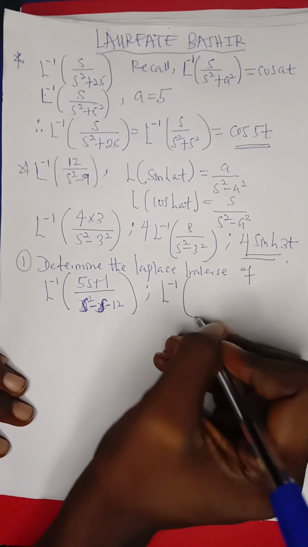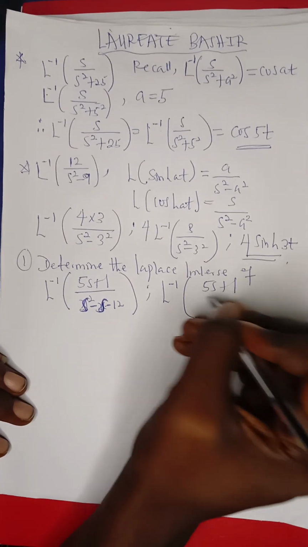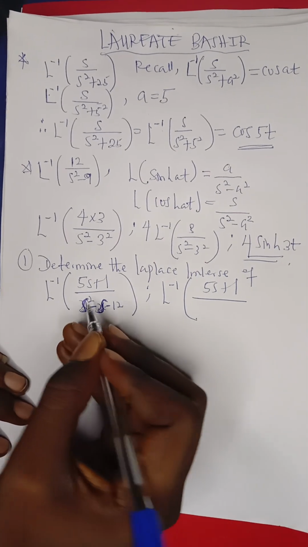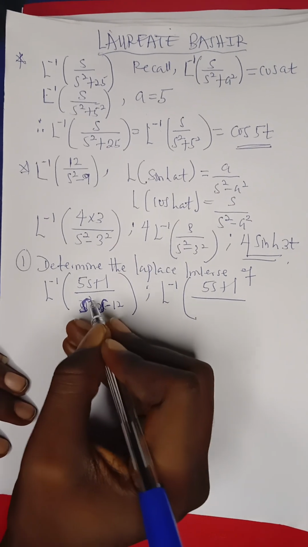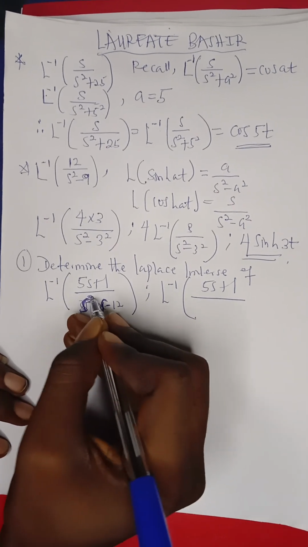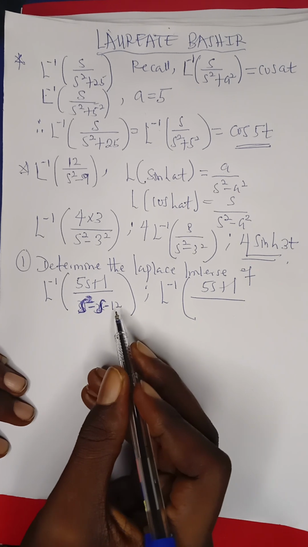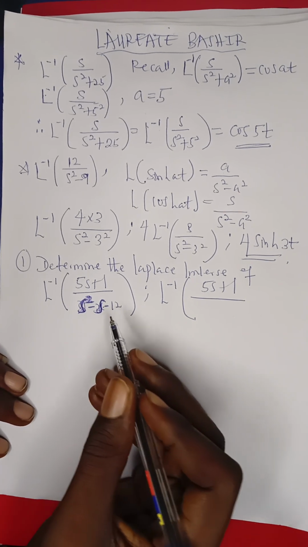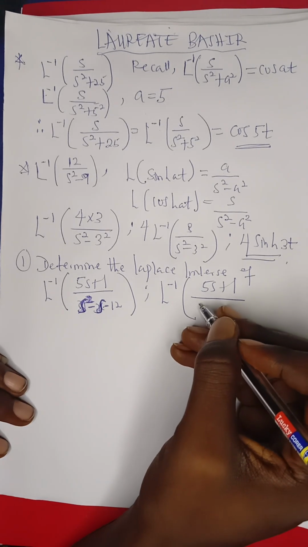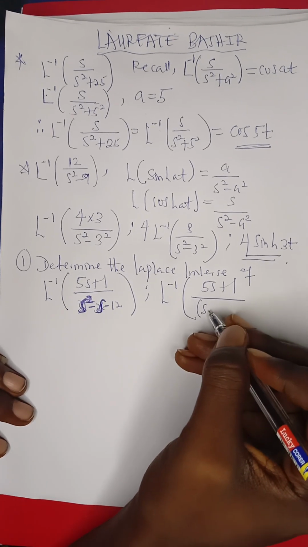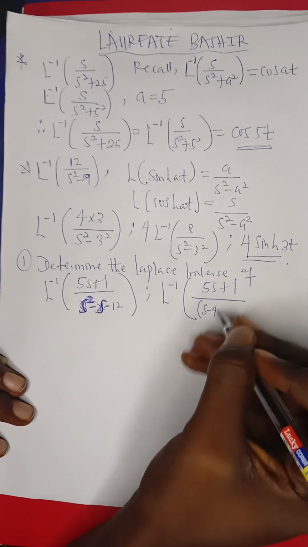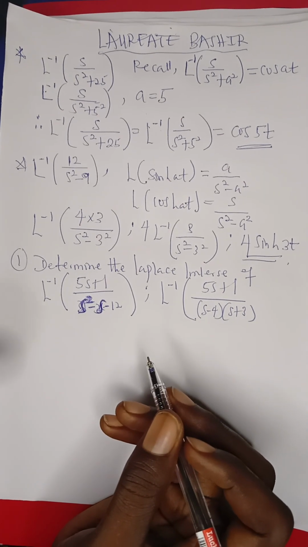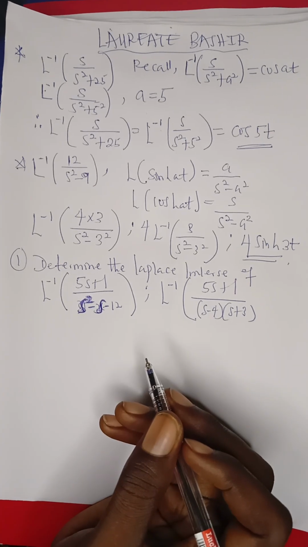The same thing as Laplace inverse of 5s plus 1 over, if I factorize this, s square minus s minus 12. So two numbers that when I multiply, I'm going to have minus 12, and when I add, I'm going to have minus 1. So that should be open bracket s minus 4 and s plus 3, because minus 4 times plus 3, you have minus 12, and minus 4 plus 3, you have minus 1.